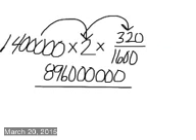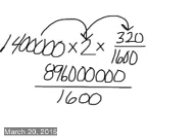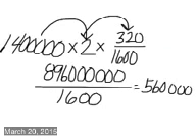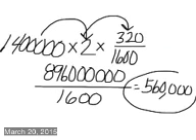That's what I got on my calculator when I typed that. Now I'm going to divide it by 1,600. And I get $560,000.